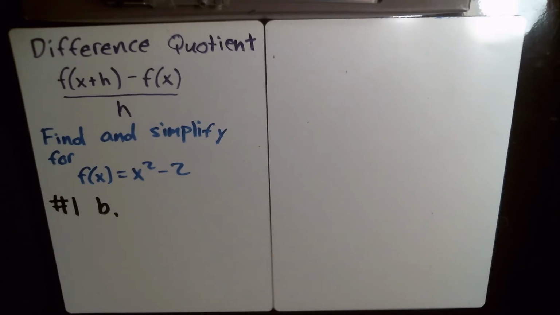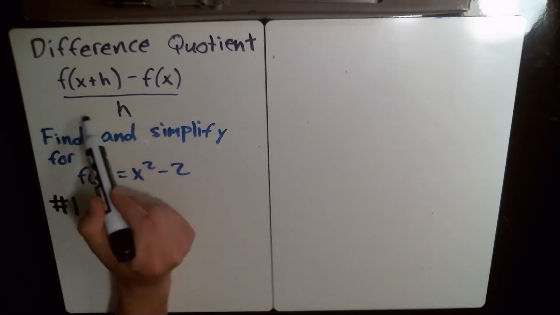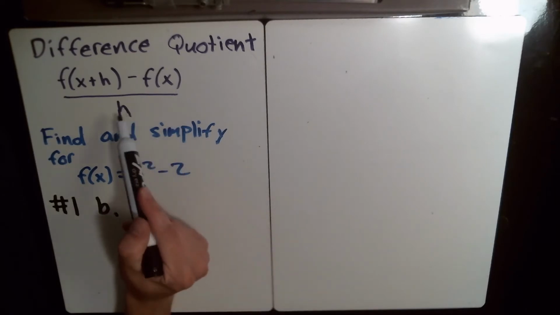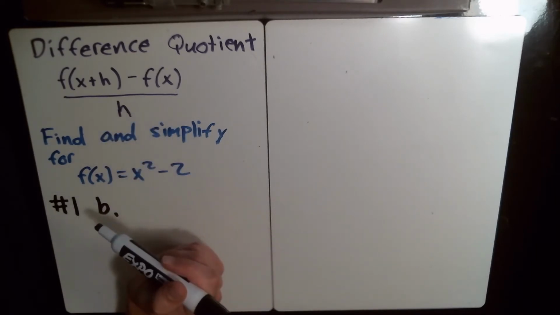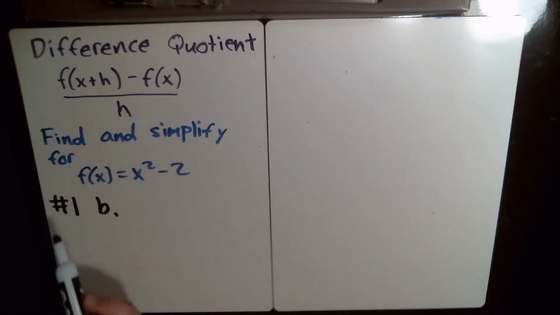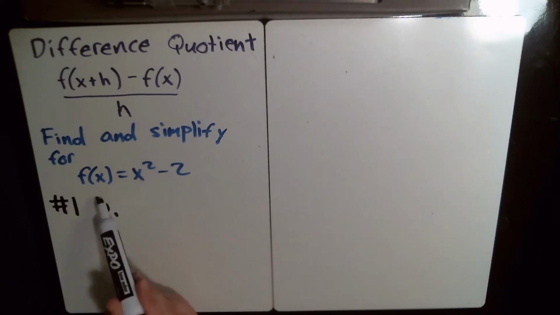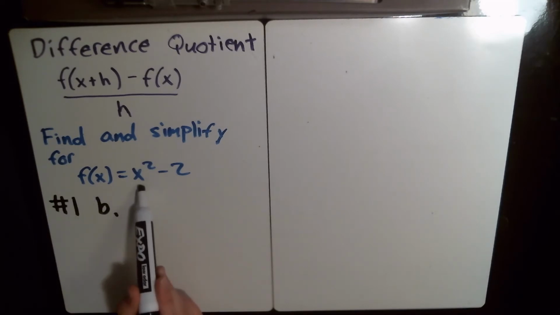So you don't need to know this formula. They will give it to you when they are wanting the difference quotient. But what you will need to know is how to find it and how to simplify it for a given function. So the function we're dealing with, f of x in this case, is going to be x squared minus 2. Okay?